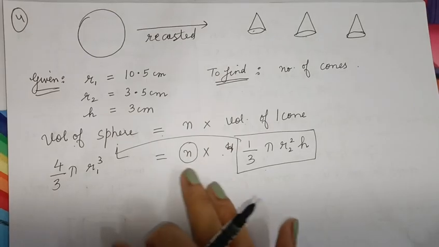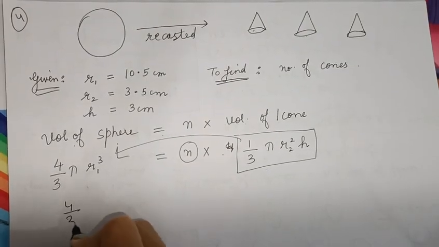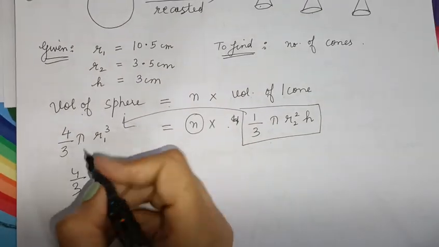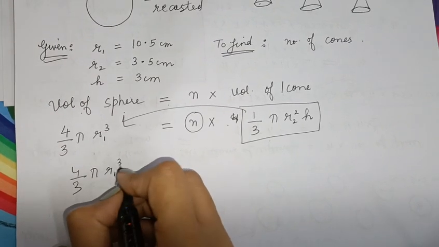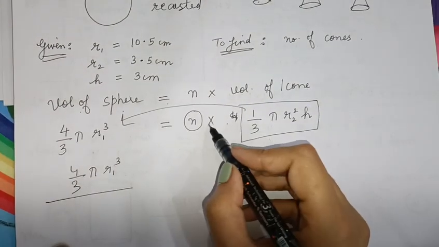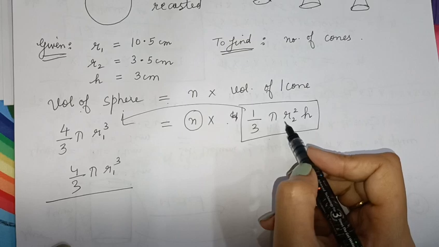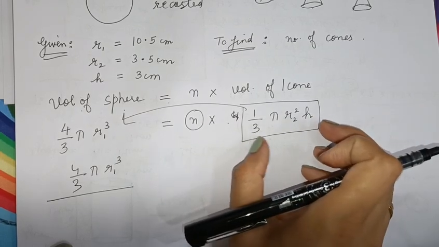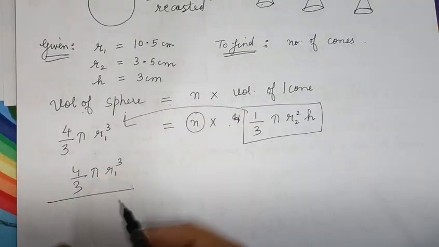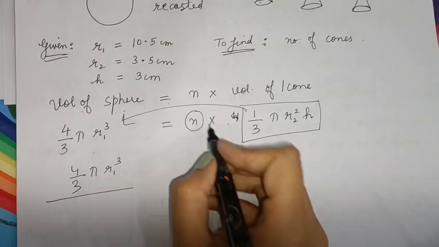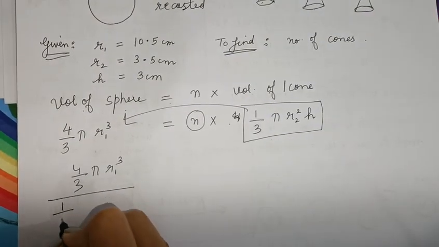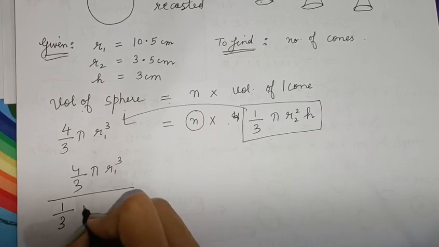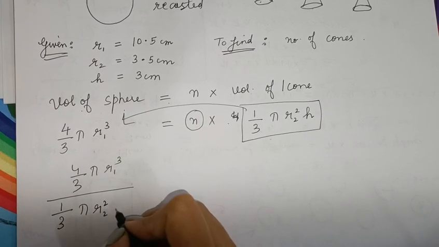Because with n everything is getting multiplied, when I shift everything to the other side, it will get divided. So it will come as 4 by 3 pi R1 cube by 1 by 3 pi R2 square h.